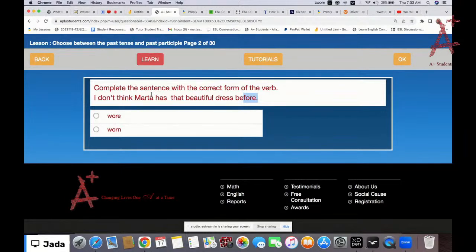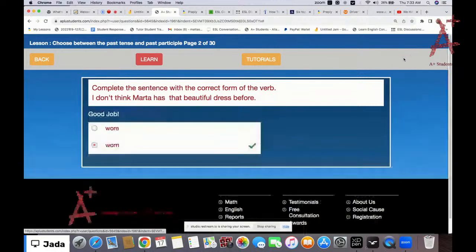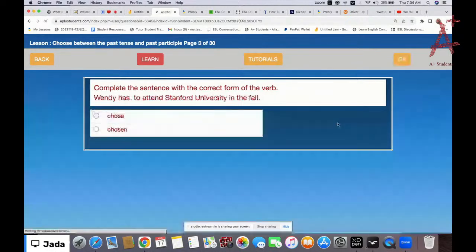Yes, that first one was spoke. And then the second one, what do you think? Were or weren't? Weren't. Okay, perfect. Weren't.